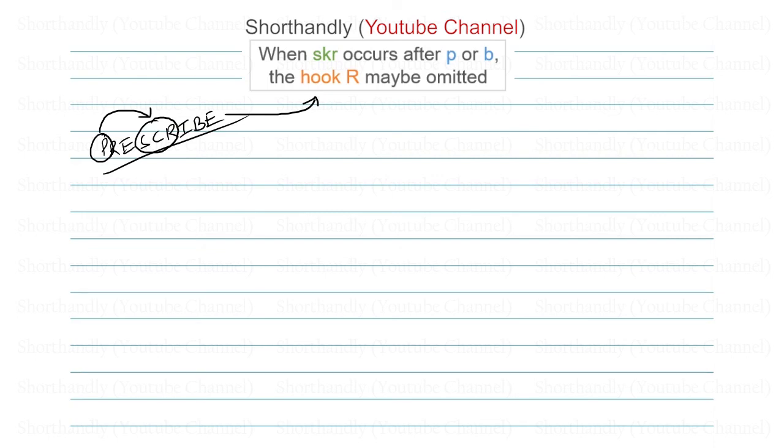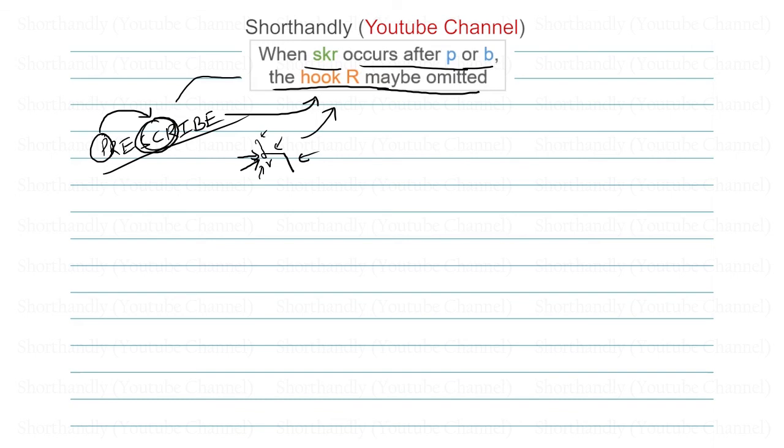So this word will be made like this. Okay, now if you see here, we didn't make the R hook here. So if we normally pronounce this word, it goes like prescribe, because this is PR, this is S, and this is K, and this is B. We cannot see any R hook here, but still we will consider this as prescribe, because as this statement says, when SKR occurs after P or B, then we can just omit the hook R. So this is exactly what's happening here.